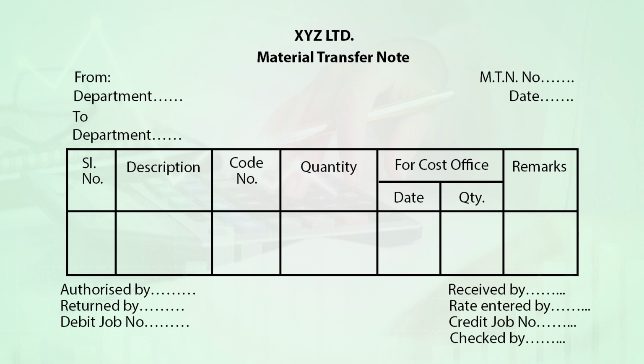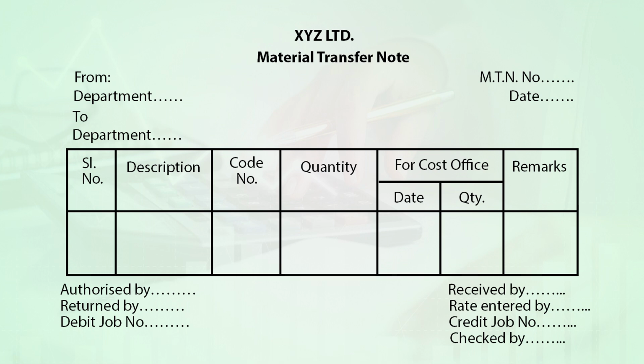On right hand side, Material Transfer Note number and date are to be written. It has 6 columns: serial number, description, code number, quantity of material. For cost office, there are 2 columns, that is date on which material transfer note is made and the quantity of material to be transferred, and remarks if any.